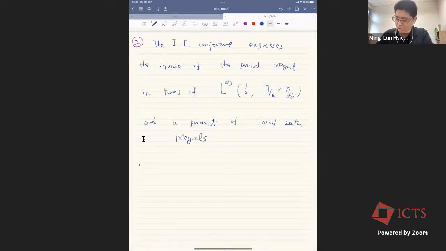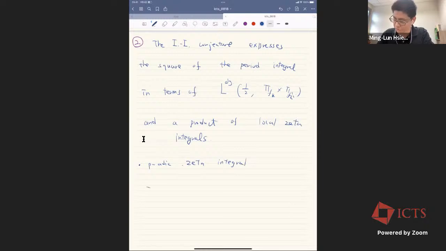And as also alluded to in Zheng Liu's talk, eventually we have to use local zeta integrals. So I just say for p-adic zeta integrals.